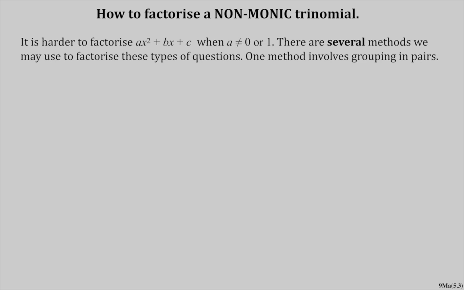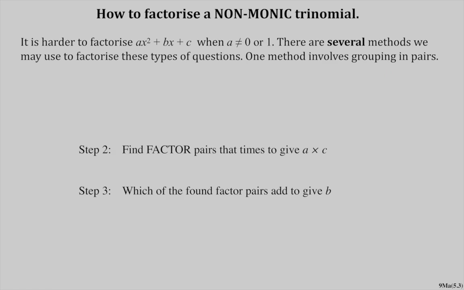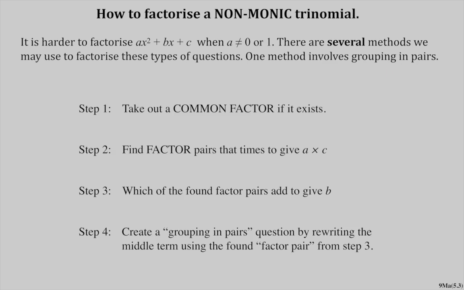Right, now there are several methods that we could use. The first method I'm going to show you is the one that the textbook uses, and it's called grouping in pairs. First, you're going to have to take out a common factor if it exists. That's the most important step.